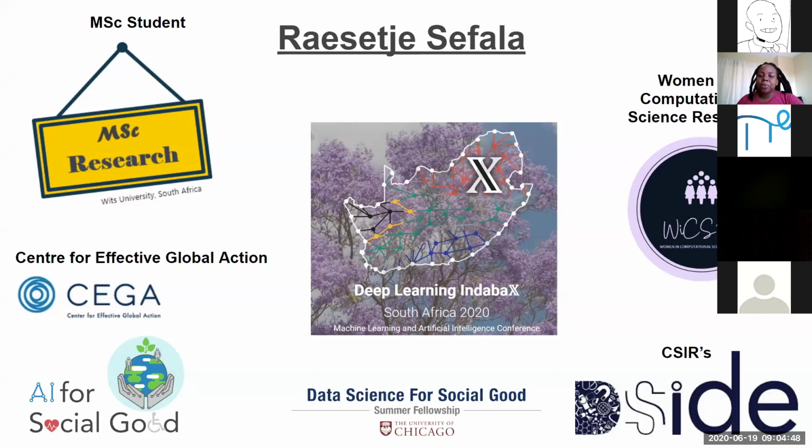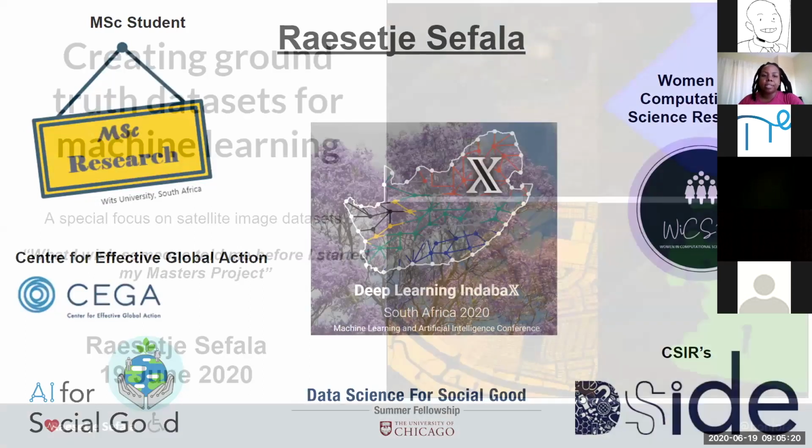But then I'm also a co-organizer for the Deep Learning IndabaX, which was supposed to happen this year, and also co-organizer for Women in Computational Science Research, which aims to improve the number of women represented in the computational science field in South Africa mostly, and also improve the quality of work. Yeah, so that's just me in a nutshell.